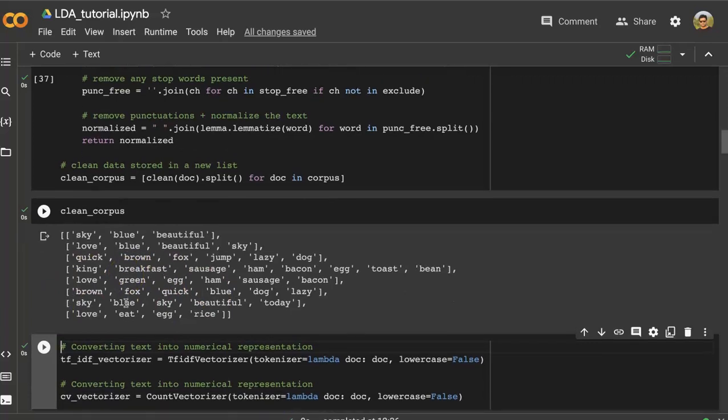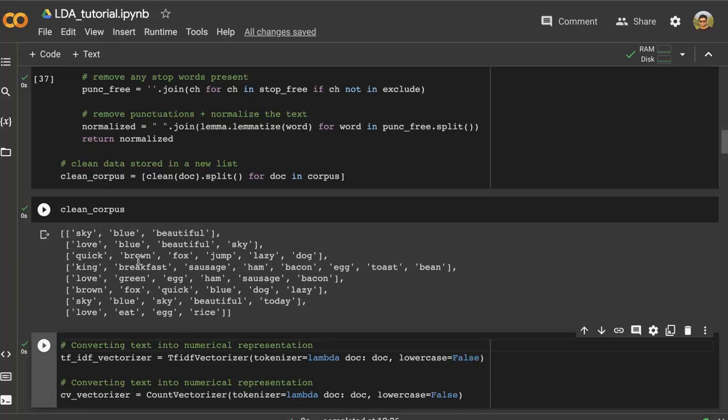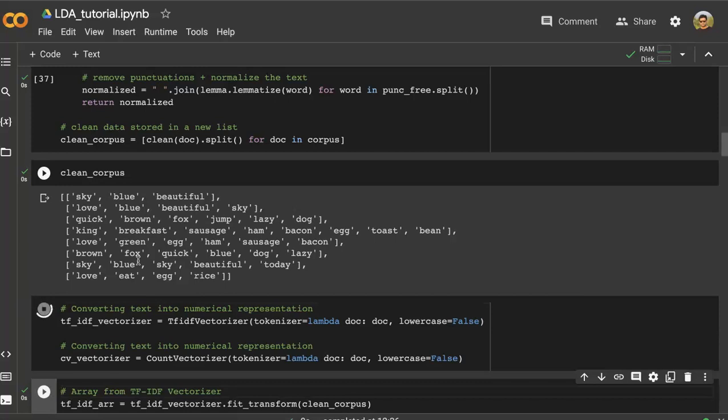Now we cannot pass the actual words to the model, because the model cannot understand words. So we need some kind of real value for each of these words. How can we do that? There are multiple ways. If you remember, there is TF-IDF, term frequency inverse document frequency vectorization, or count based vectorization.